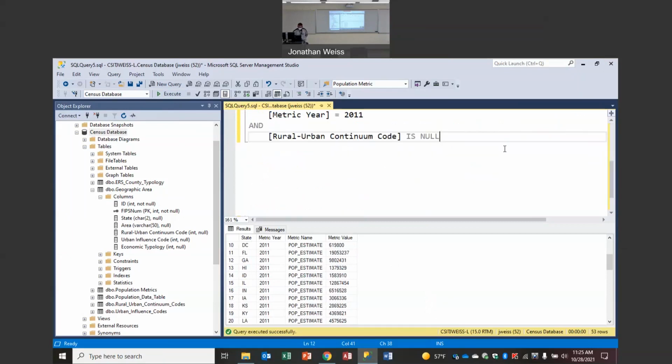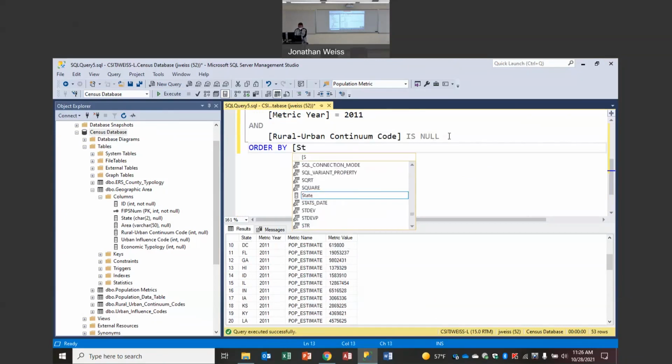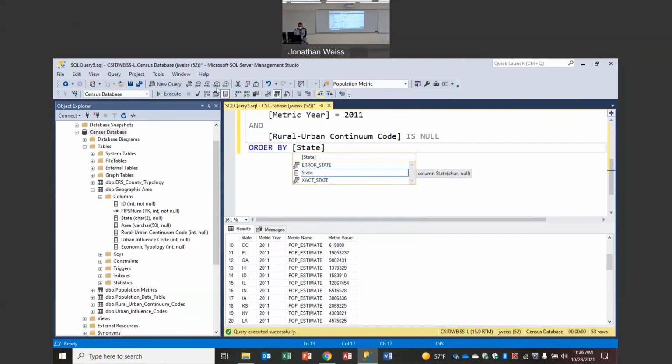Okay, and I had to order this, by the way. I forgot to order this. This should be ordered by state, right? So let's rerun that. And this would have been the answer to that piece, that was number 5. Anybody have any questions on this?